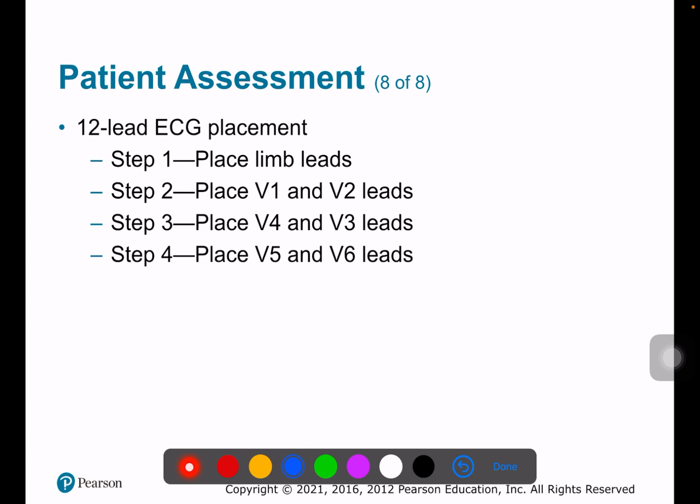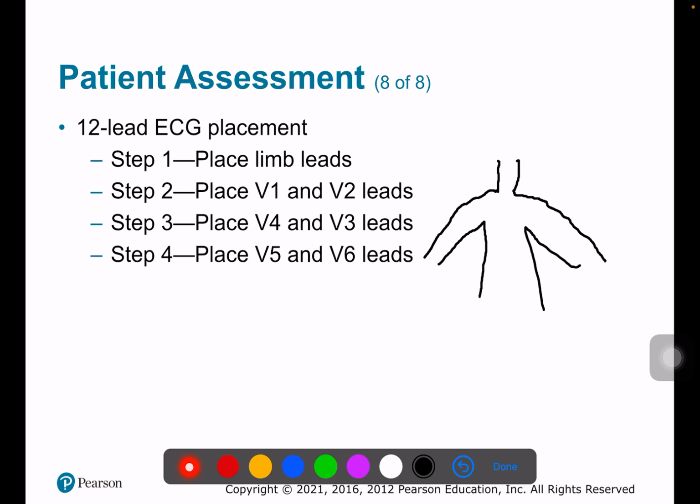V1 and V2. So real quick, I'm going to draw a horrible picture. See? Horrible picture already. Let me get rid of that. So here's the neck, we'll say. It's going to go over the shoulder, arm, torso.